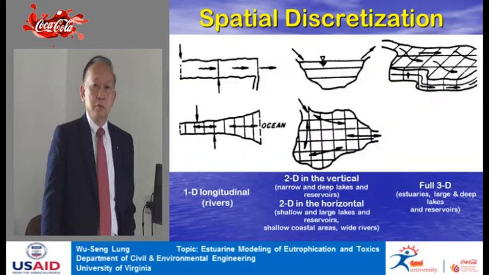Now, spatial discretization. This is one-dimensional. This is one-dimensional vertically. This is the surface. Now, this is two-dimensional, and this is actually three-dimensional, right? And they become more and more complicated. This is 1, 2, and 3 dimensions.